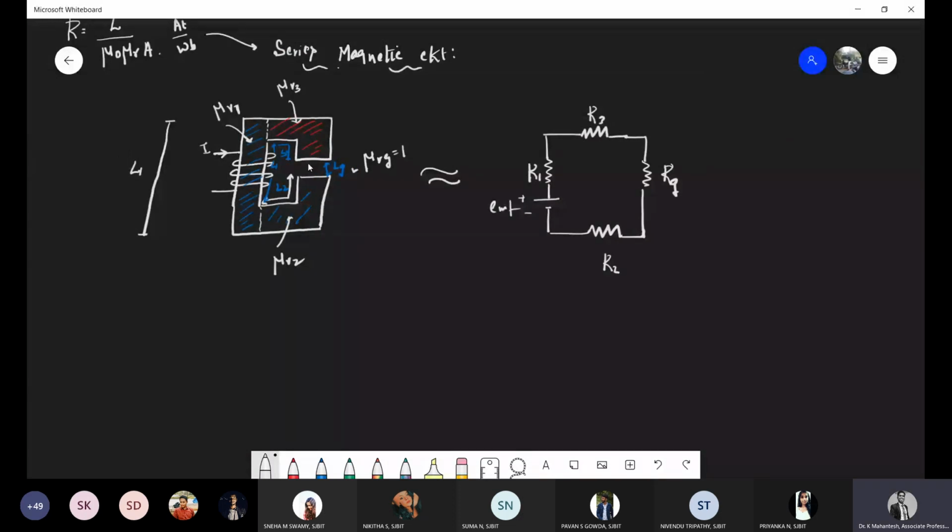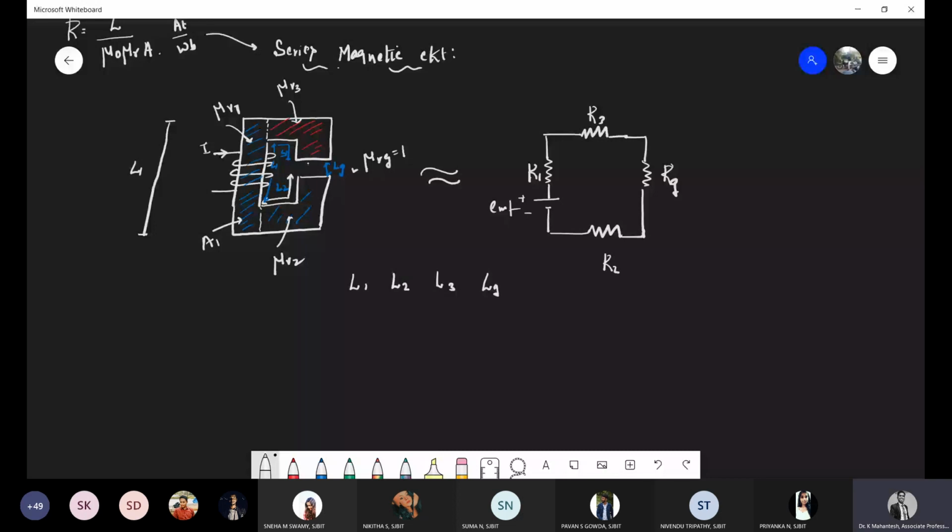And A1 is the area of cross section of material 1, similarly A2 and A3. So I'll note those things here. L1, L2, L3 are the lengths of various magnetic materials connected in series. Again, Lg is the length of the air gap.